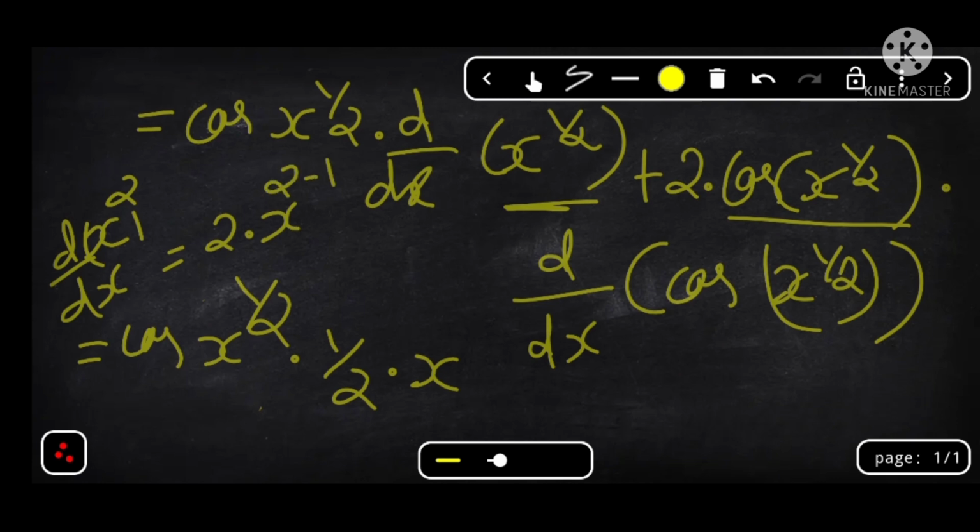Okay, this is how we are getting 2x for x square. Similarly, so here 1 by 2 into x.